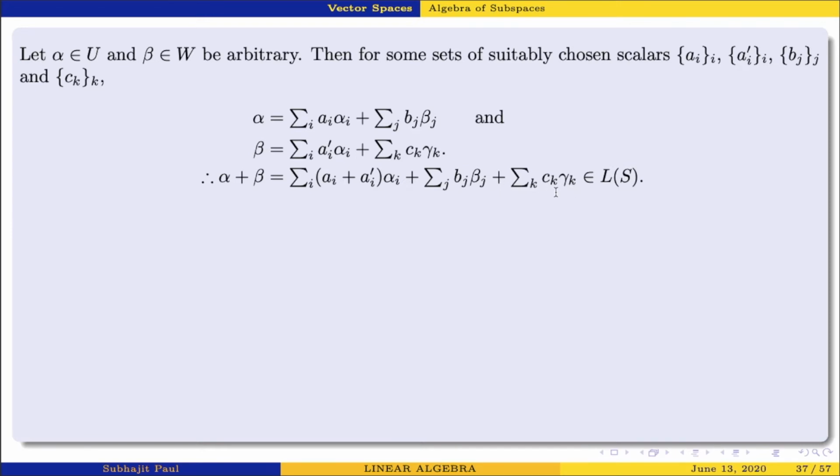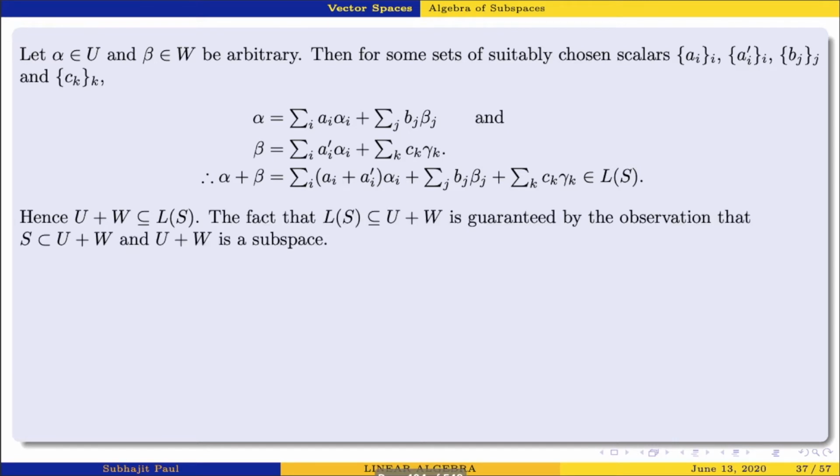Now you see that these alpha i vectors, beta j vectors and gamma k vectors all come from S, the combined set. So this is a vector in the linear span of S. So alpha plus beta is a vector in the linear span of S. Therefore U plus W is contained in the linear span of S.